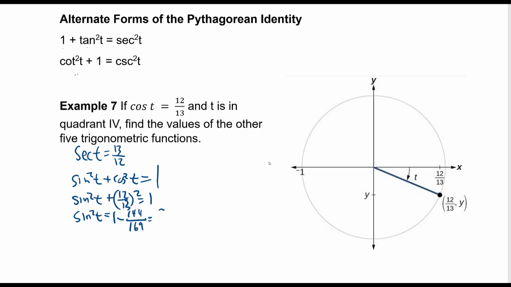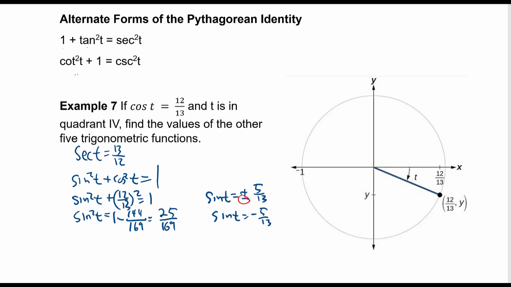So I believe that's going to be 25 over 169. And so sine of t is plus or minus 5/13. Because we're in the fourth quadrant, we're going to go with the negative. So sine t is going to be negative 5/13.